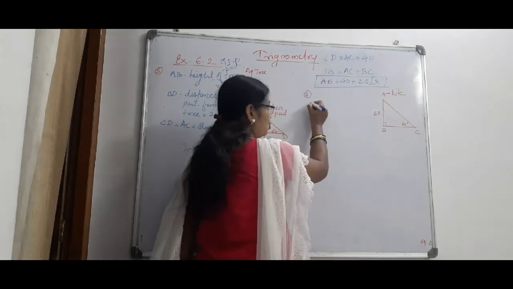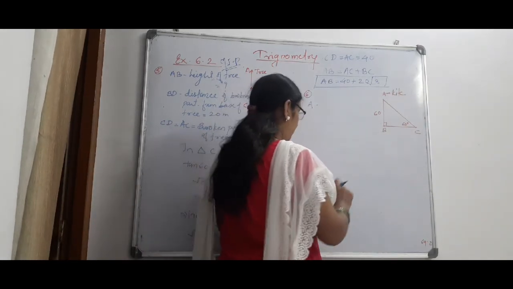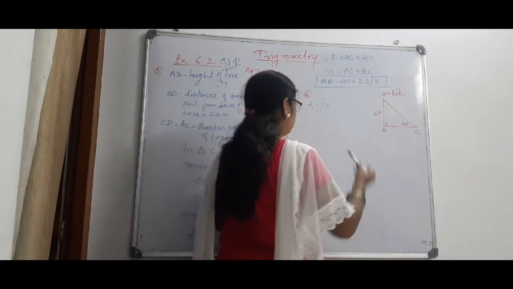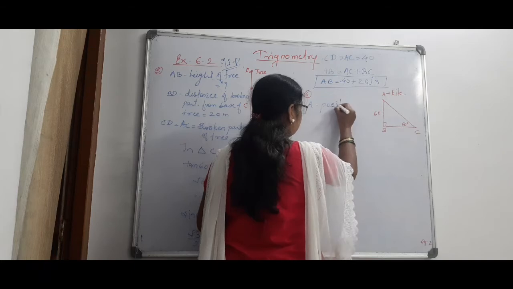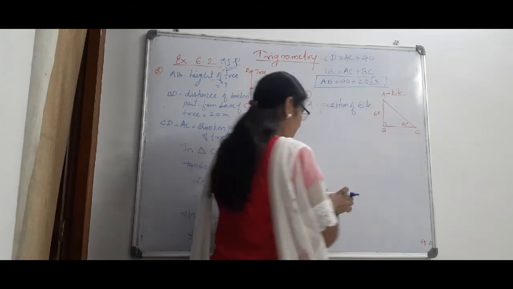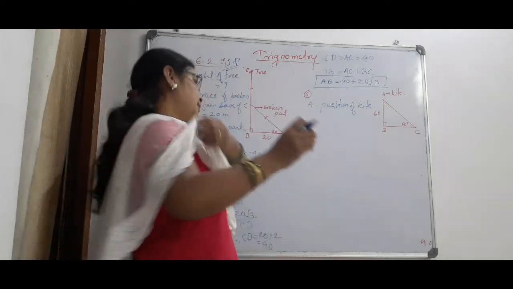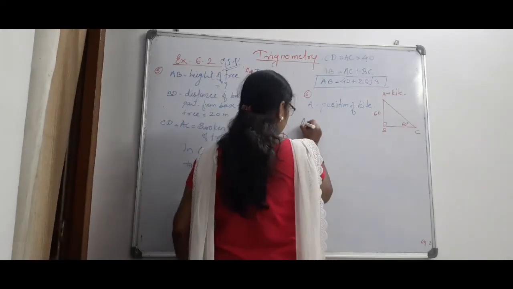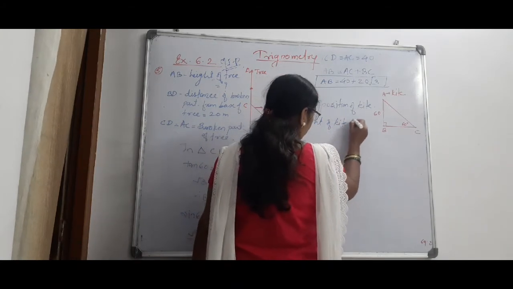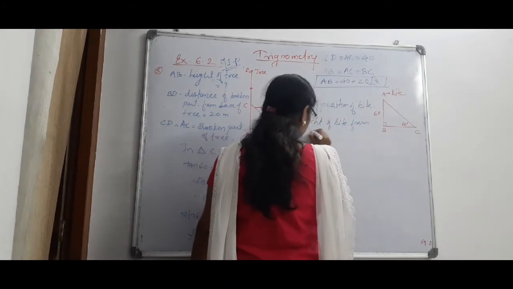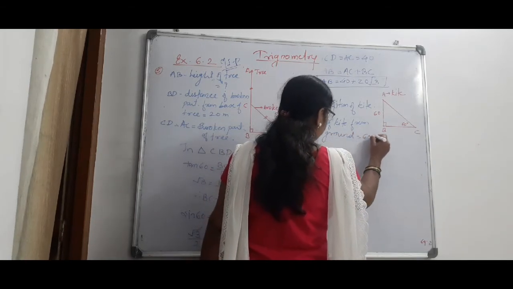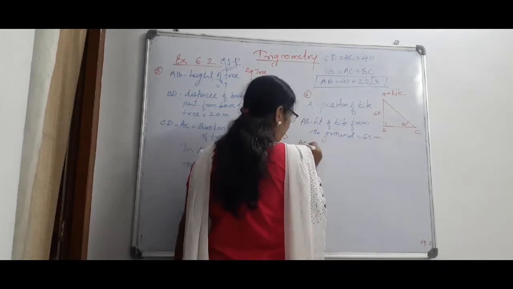A is the position of kite. Then AB is the height of kite from the ground, that is 60 meter. And what you have to find out?